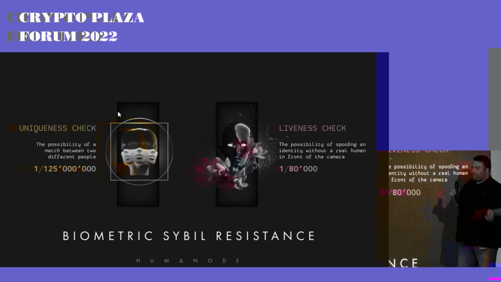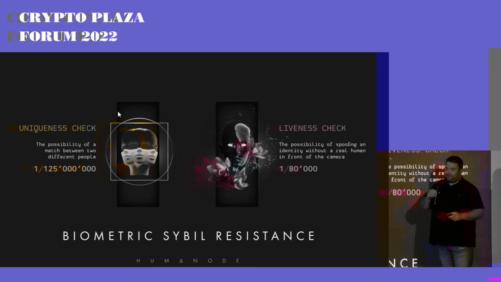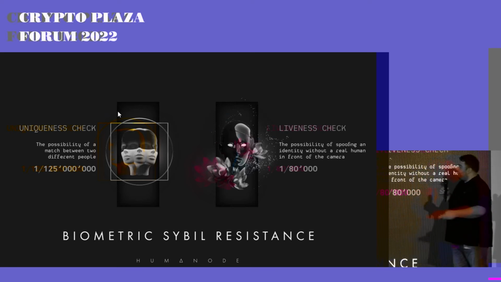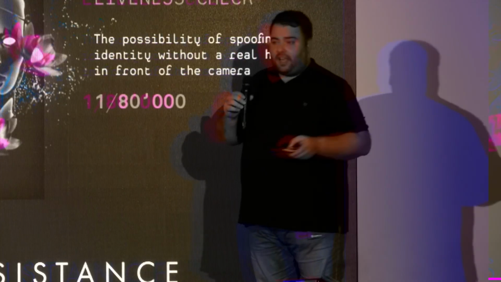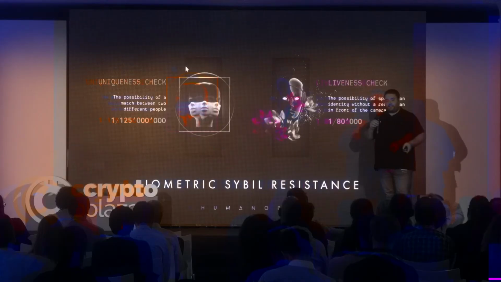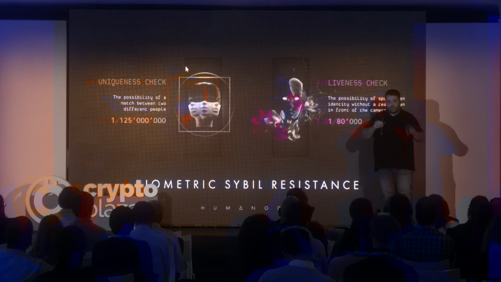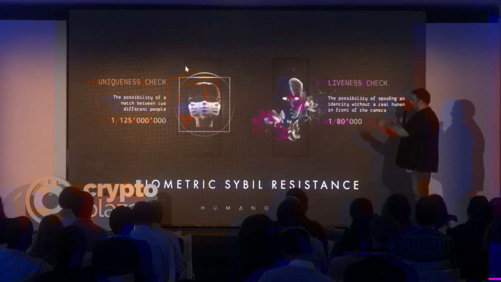Now, for 8 billion people living on this planet, that precision is not enough. You will have a high rate of error. But if you're working with 1,000 or 10,000 validators, even right now, creating pure crypto biometric networks is already possible. The same goes for liveness checks.